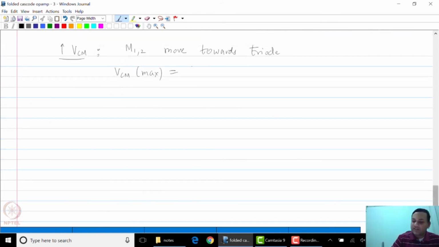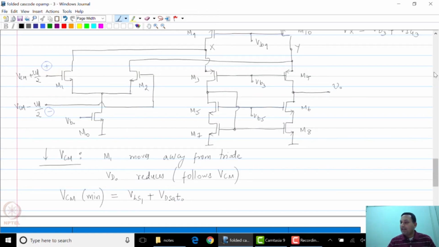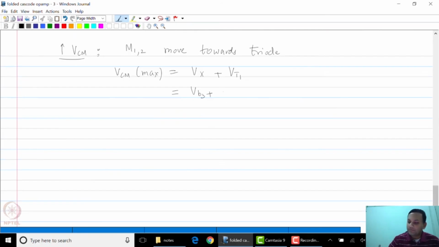So the maximum voltage is Vx plus Vt1. Vx is clearly Vb3 plus Vsg3 plus Vt1.